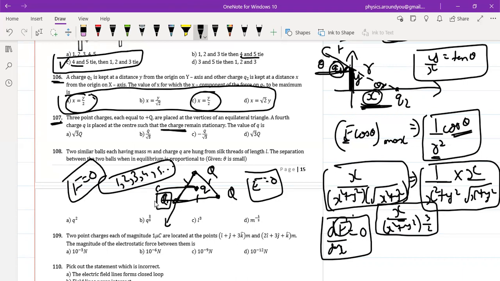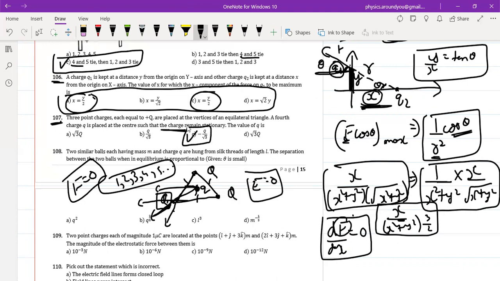Repulsion, repulsion. So the total due to these two will be somewhere like this. This force has to be balanced by an attraction. So whatever charge you place at the center, it should be negative. Which of the options is negative? C is negative, hence C is the right option.